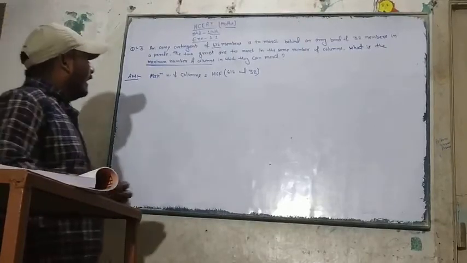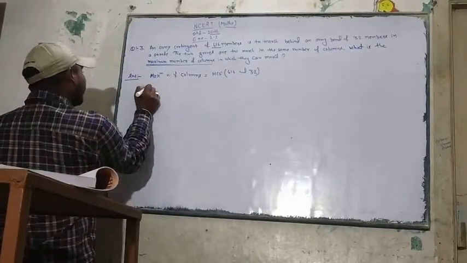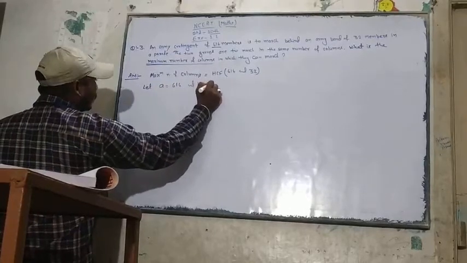Here we get two numbers 616 and 32. Let A is equal to 616 and B is equal to 32.